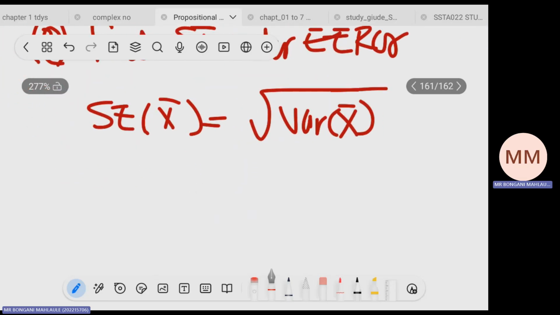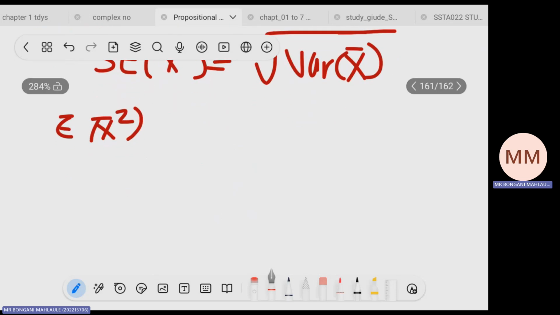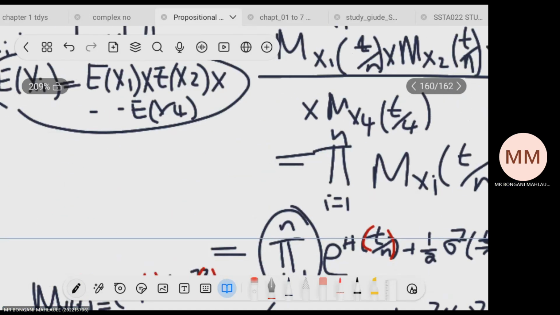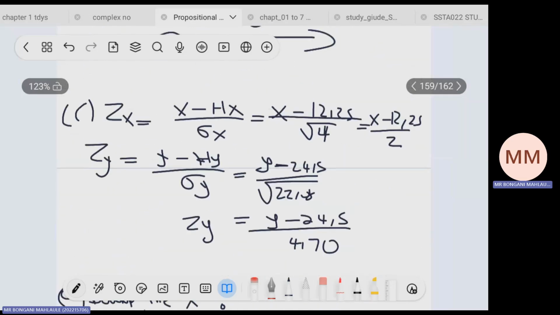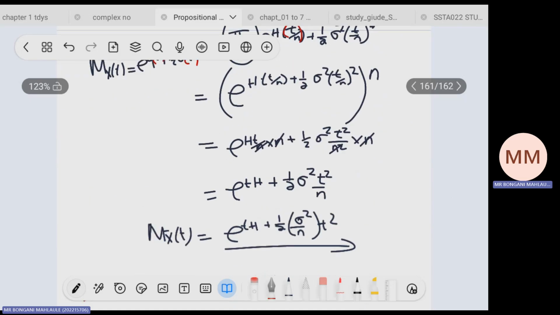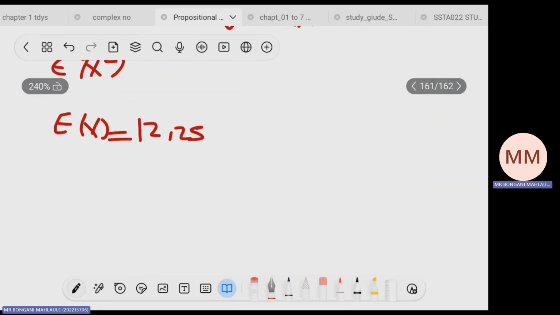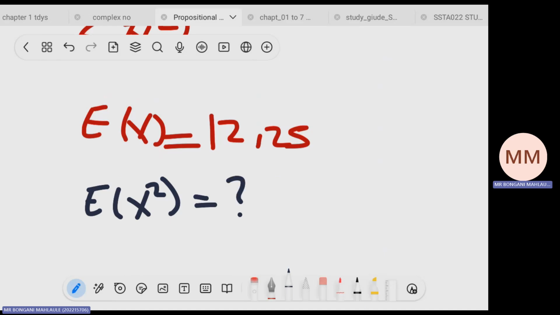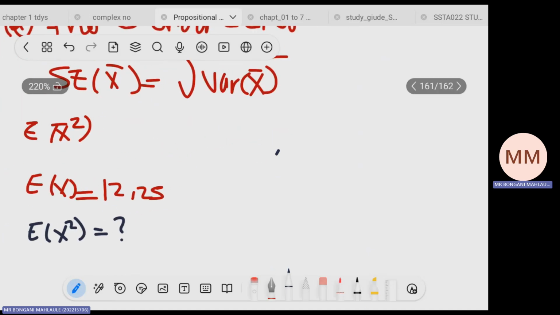So we're going to first find the expected value of x bar squared. Remember our expected value, we already had it. I believe it was this. Let's just go back: 12,25. You see, we had it there, 12,25. So what you must now find is the expected value of x squared.